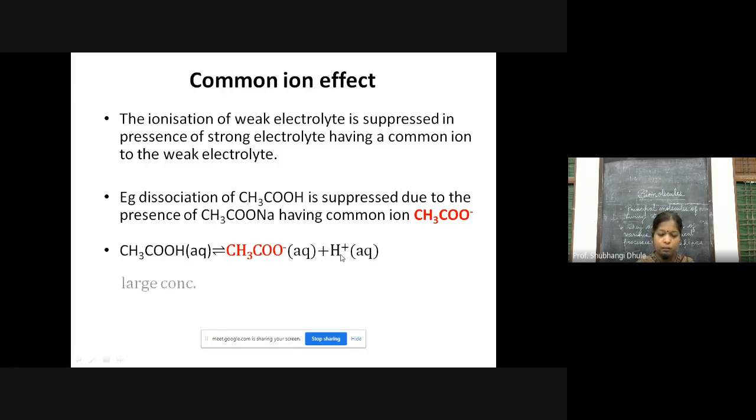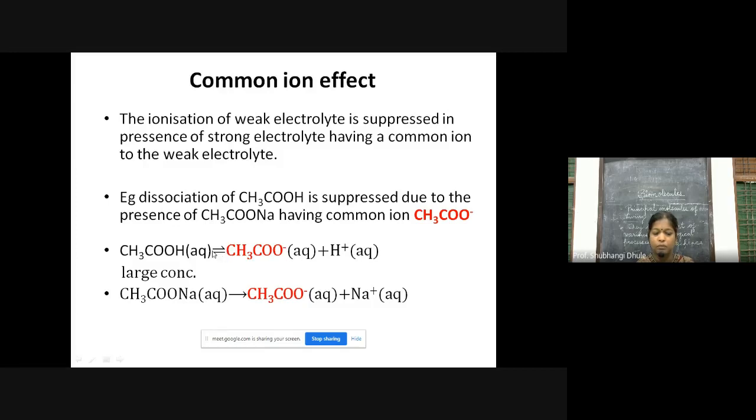Now here we have acetic acid in large concentration, and the dissociation of sodium acetate is given by CH3COO minus aqueous plus Na plus aqueous. This is completely ionized, so here it is a single arrow, whereas for acetic acid the dissociation is very small, so it is a double-headed arrow.